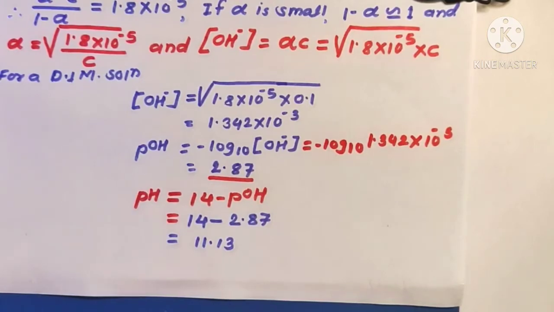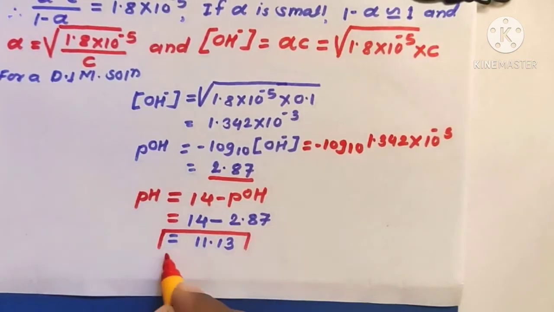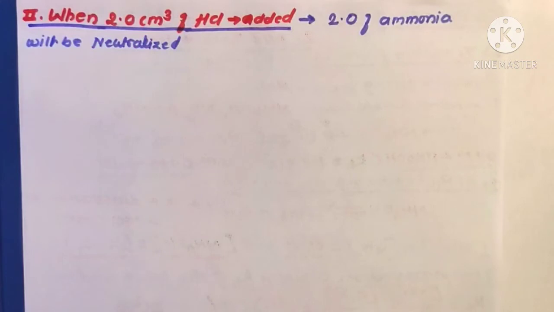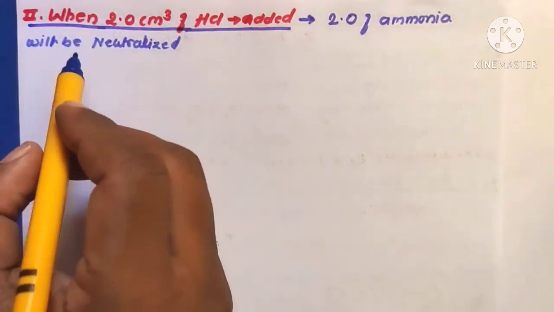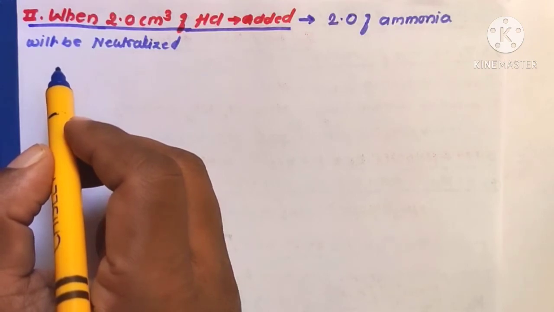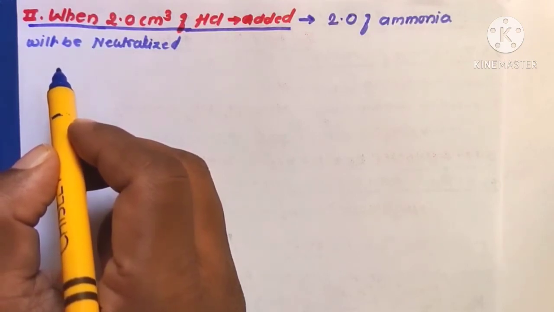The pH of the solution is 11.13 at the beginning of the titration. At the beginning, only the ammonium hydroxide solution is present in the conical flask, that is 10 cm cube of ammonia.